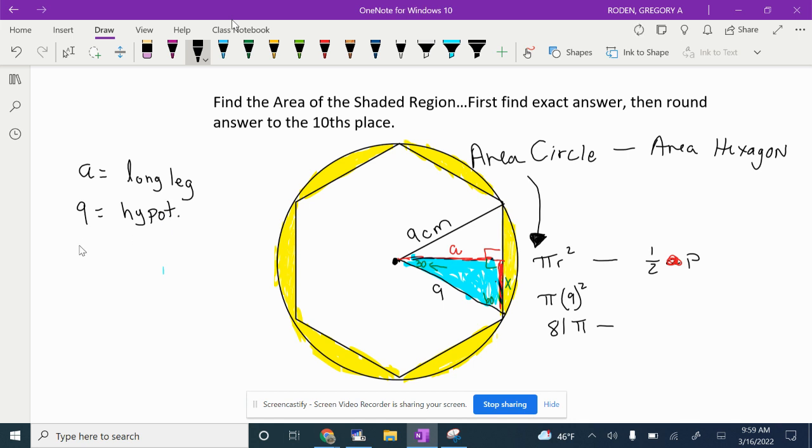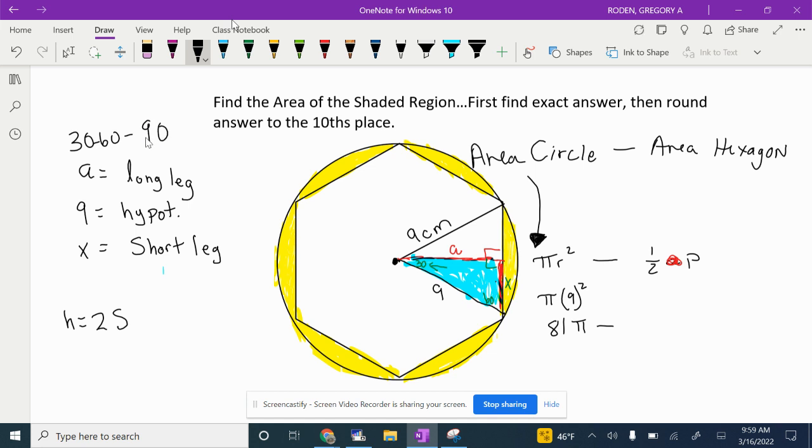And so we know X is equal to the short leg. Now we already know the short leg in this specific example is 4.5, but let's see if we can figure that out. What piece of information do we have? We have the hypotenuse, right? So we know hypotenuse is equal to 2 times the short leg in a 30, 60, 90 right triangle.